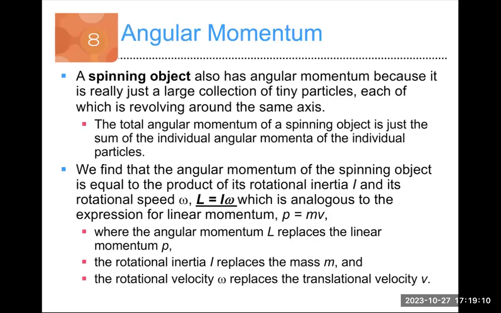If you have a spinning object, the angular momentum is equal to the rotational inertia times the rotational speed. So L equals I omega, which is analogous to linear momentum, P equals mv, where I is the same as m and omega is the same as v in the rotational quantity.